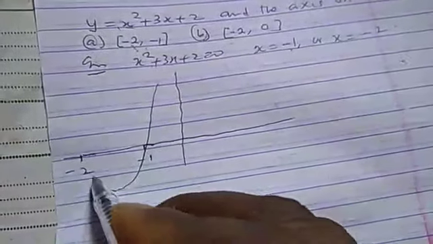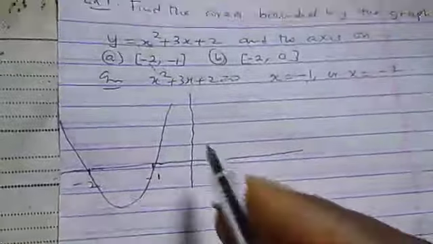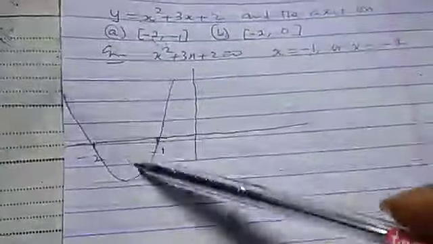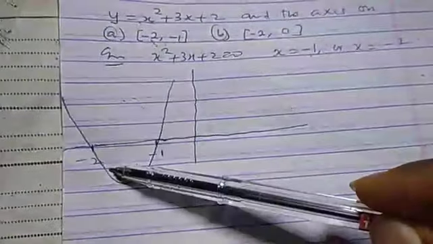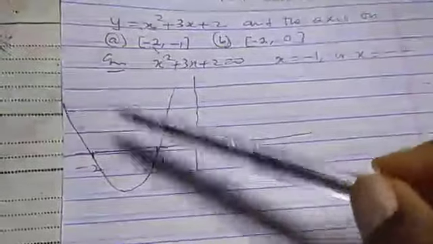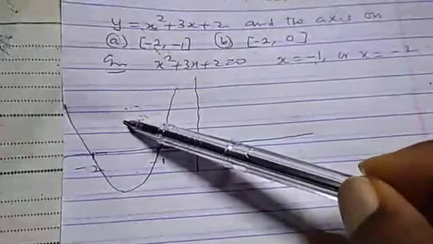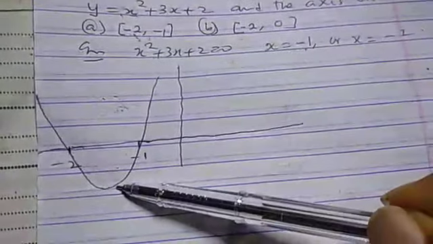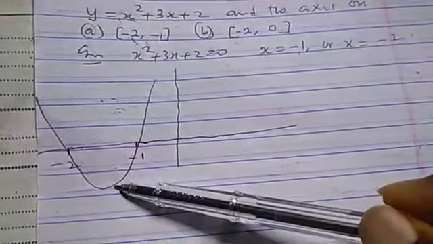Since it's minimum, it will go down like this. Now, you know that we have two sides here, this side and this side. When we have the function at this side, then the integration becomes positive. But when it jumps to this second side, the integration becomes negative.